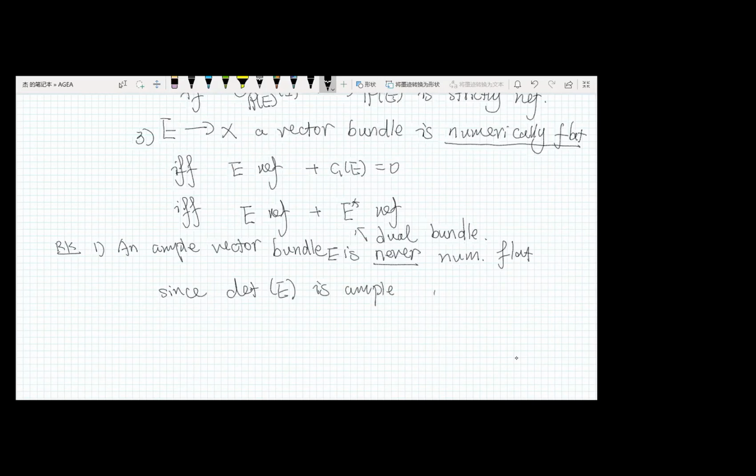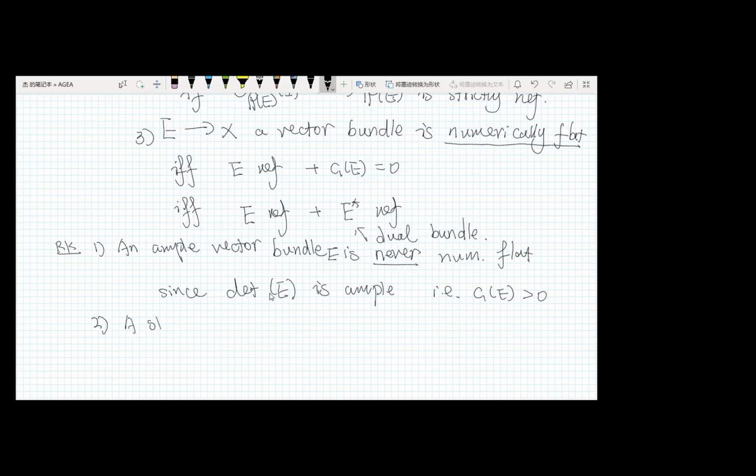That means its first Chern class is always positive, so it cannot be trivial, because in the definition, numerical flatness means nef with vanishing first Chern class. But for an ample line bundle, the first Chern class is always positive. So an ample vector bundle cannot be numerically flat, but for a strictly nef vector bundle, this is possible.